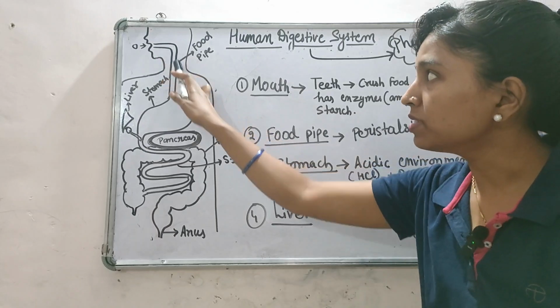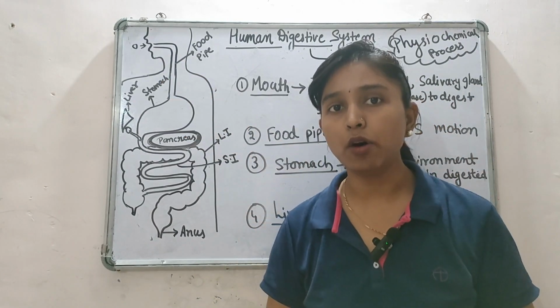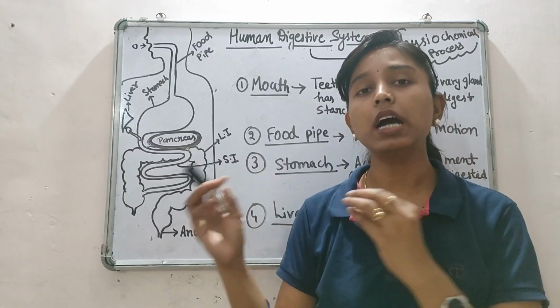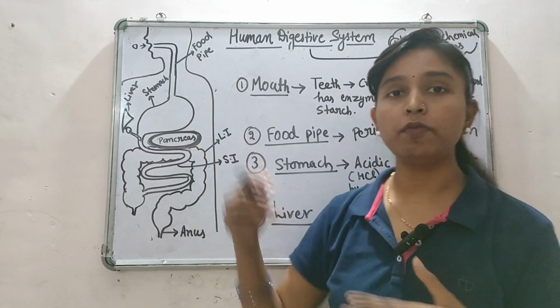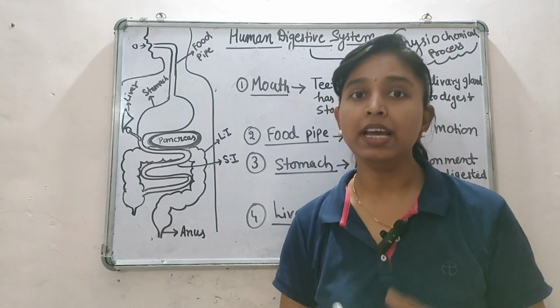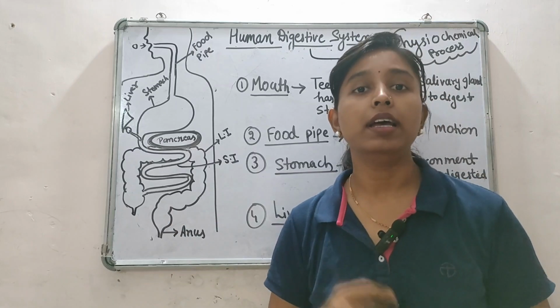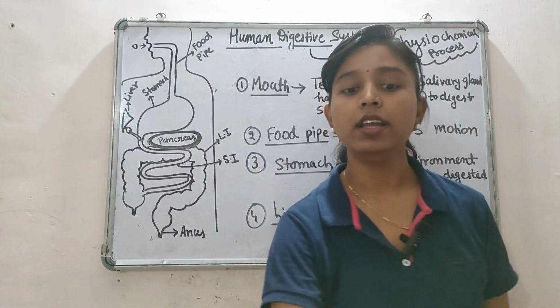After the mouth, when food comes into the food pipe, the food pipe pushes the food down to the stomach and further. The motion by which the food pipe pushes the food down is known as peristalsis movement. This peristaltic movement is a wave-like motion.